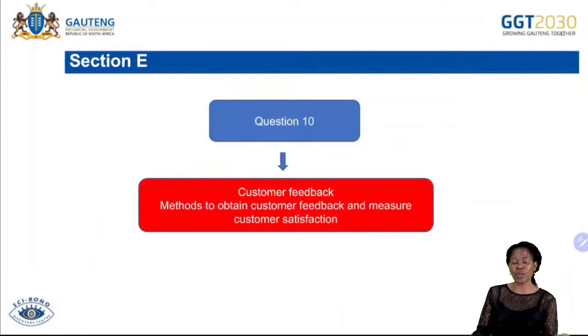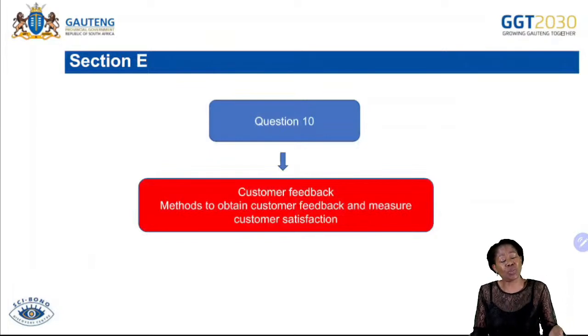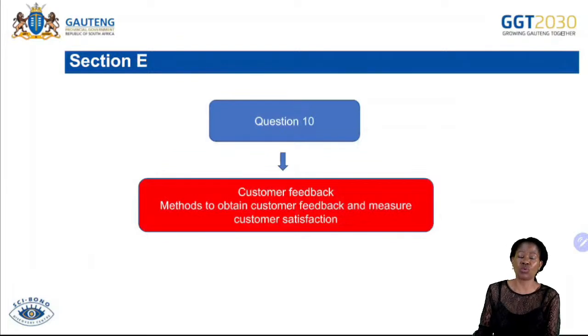In here you will be doing customer feedback. You will be doing method of payment, customer feedback, and measuring customer satisfaction. You will be given also a case study or a cartoon to interpret. Maybe it will be in a restaurant, maybe it will be in transport, maybe it will be in a hotel. And then you will be asked to do feedback on the services that you receive or a service that a tourist has received.